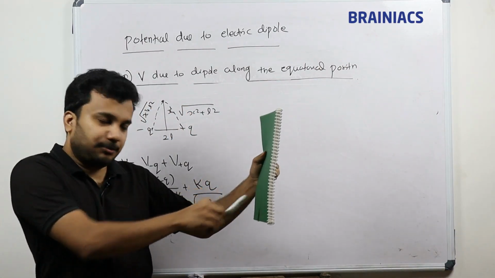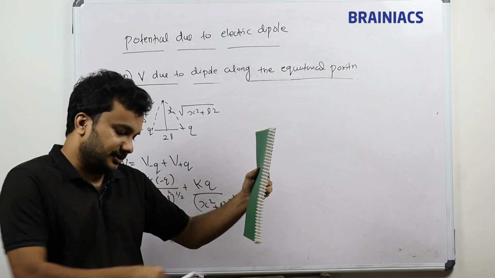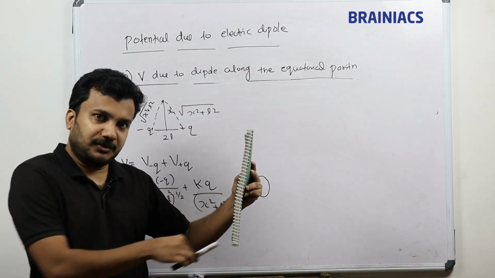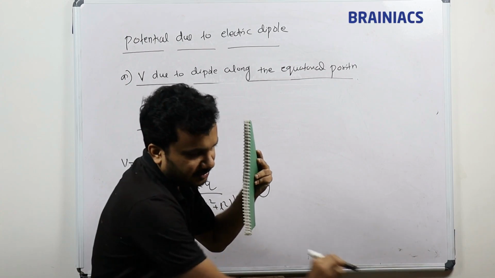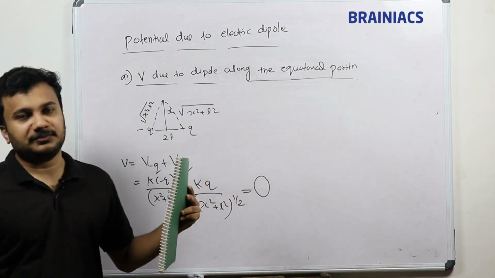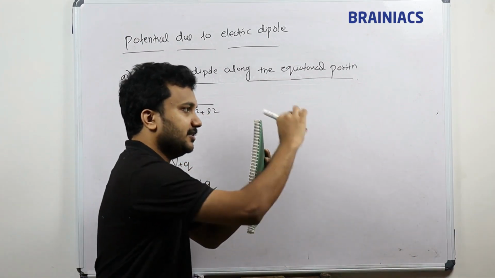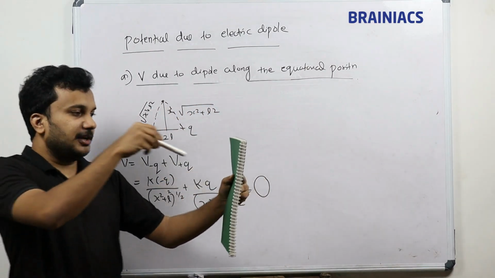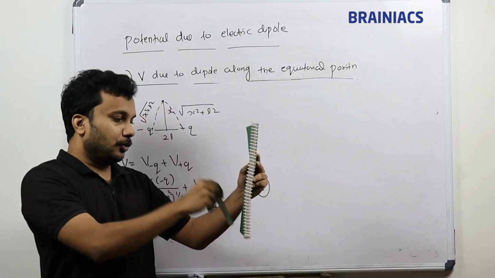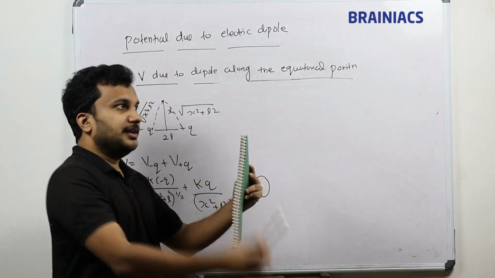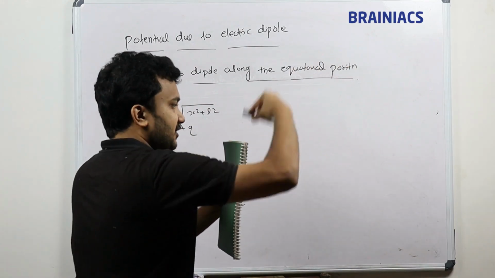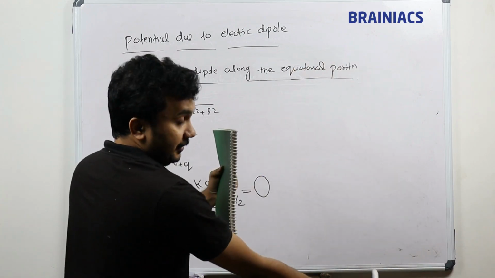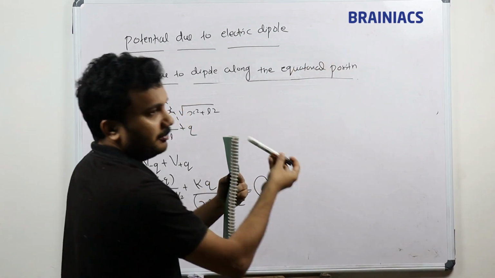If you take the bottom point, the distance is almost like this, and to the other charge almost like this. If you are keeping the charge at the top, then the distance is like this, and if the charge is at the bottom, then the distance is like this.